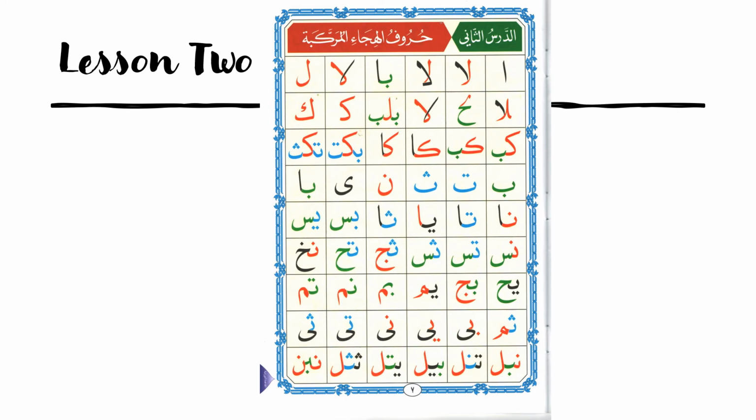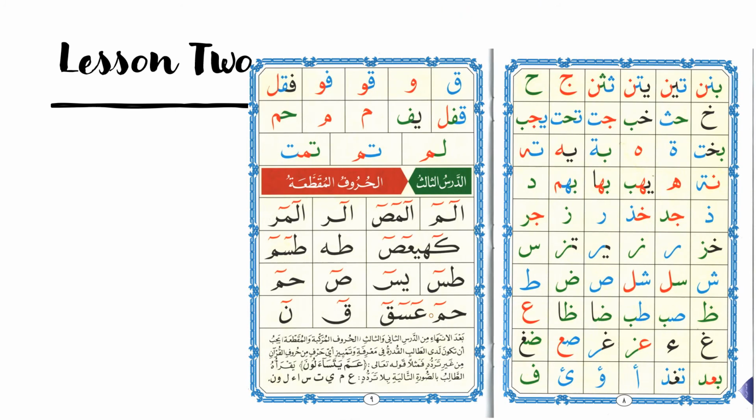So these show you again how the noon looks when it comes at the end. We talked extensively about the ba, ya, noon, ta, and tha when they come in the beginning or the middle. They always look the same except for the dots.